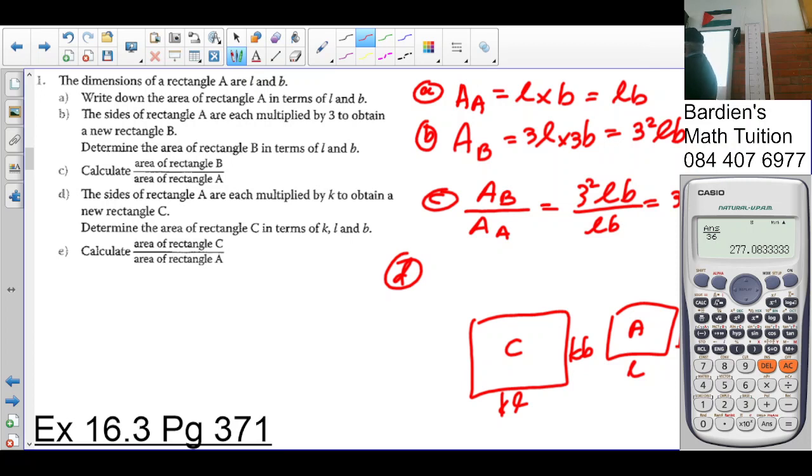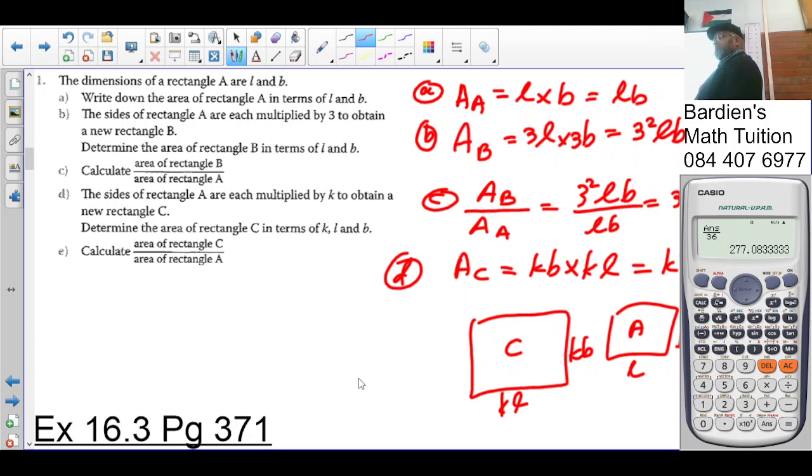So the area of C would be KB times KL, which will be equal to K squared LB. You all agree with that? Any confusion here? No?